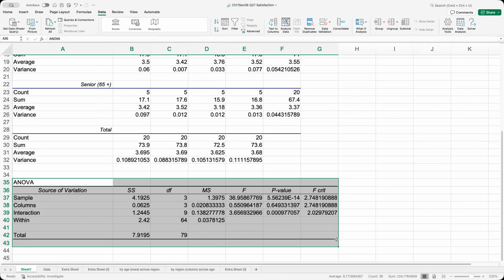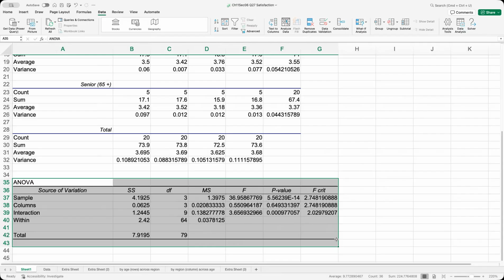If it is less than alpha, we reject the null hypothesis. The null hypothesis for all three of these is the same. There is no measurable statistical difference based on row or column or interaction.